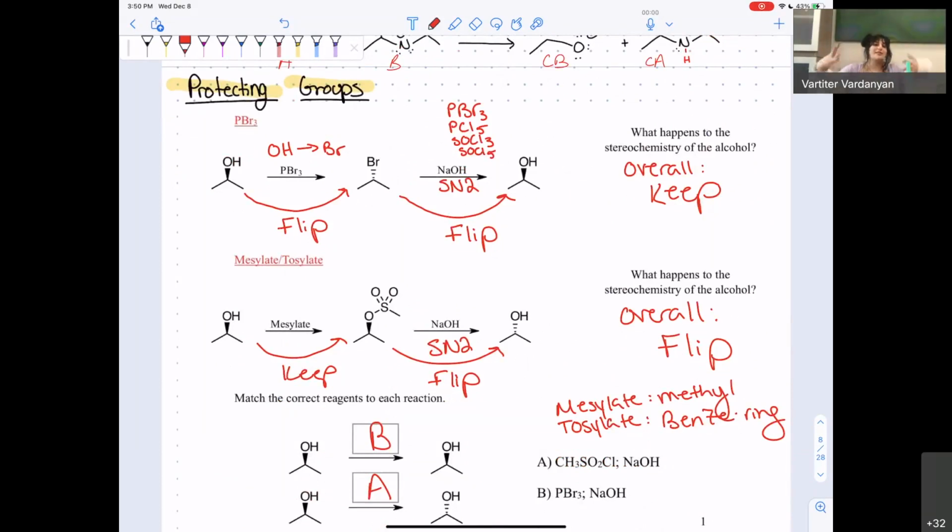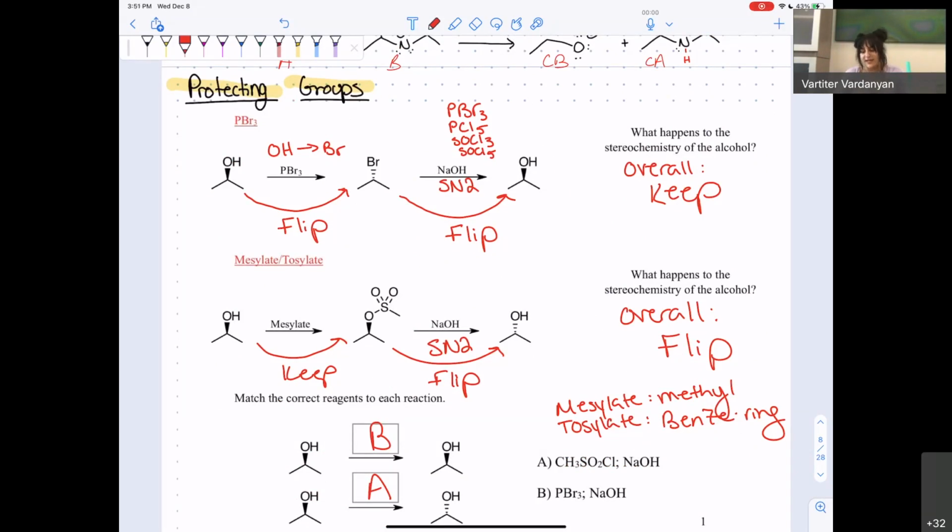Okay, so protecting groups. We have done protecting groups about 4,000 times, and trust me, I understand that they're annoying, and it feels like everyone just dumped it out of their head the minute they got out of that first exam. I feel that. So I want you to remember PBr3 or PCl5, SOCl2, all those reagents, are going to turn OH into a heteroatom.